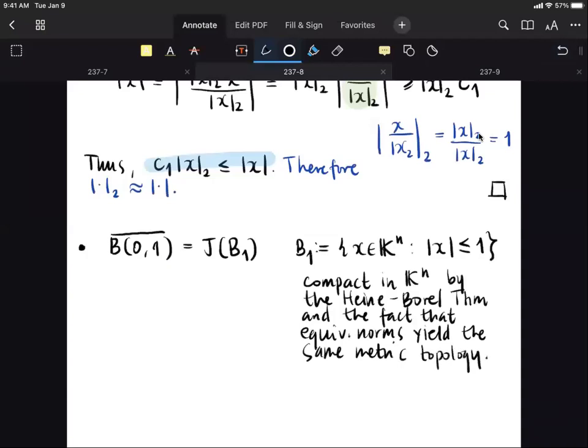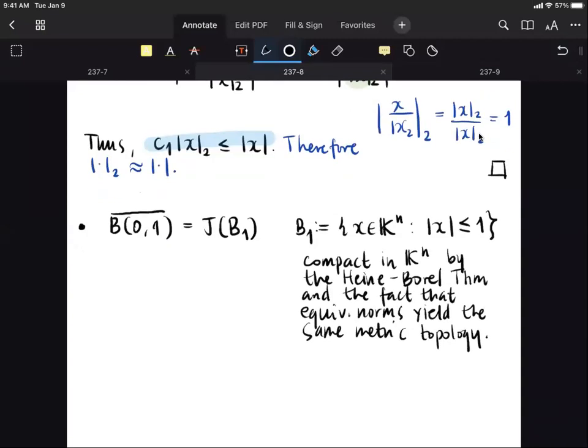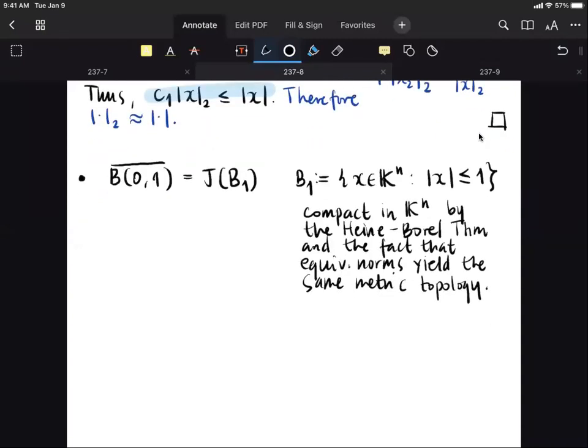So if you have equivalent norms, then the induced metrics are also equivalent, and thus the metric topologies must be the same. Now, see, this B1 here is compact.